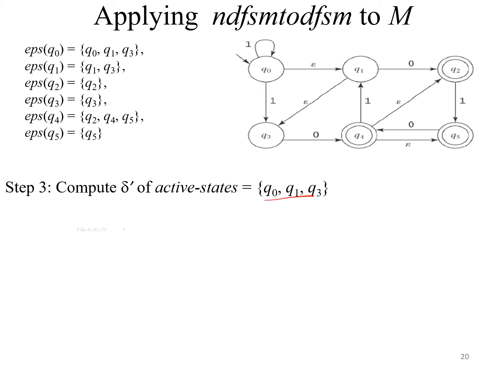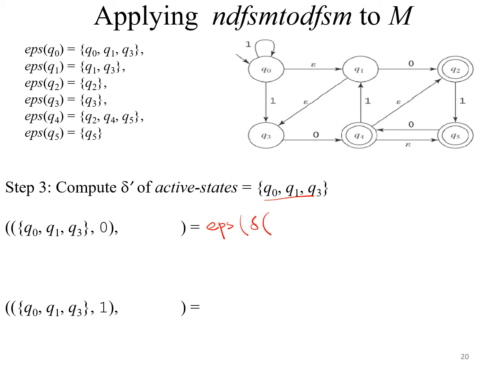That is, Q0, Q1, Q3 on 0 is equal to EPS of delta of Q0, 0 union delta of Q1, 0 union delta of Q3, 0. For Q0, 0, there is no transition.